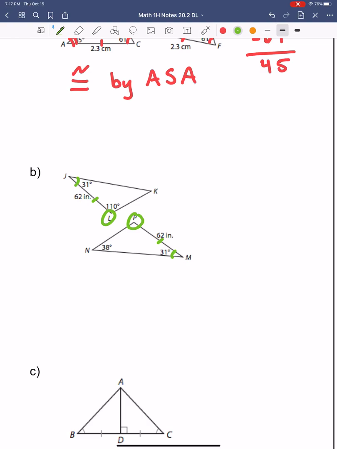We don't know what P is, but we can find out what it is, right? Because we know that for this triangle here at the bottom, the interior sum is 180 degrees. And so I'm going to subtract 38 and subtract 31. That'll give me what angle P is going to be here. So some quick mental math.